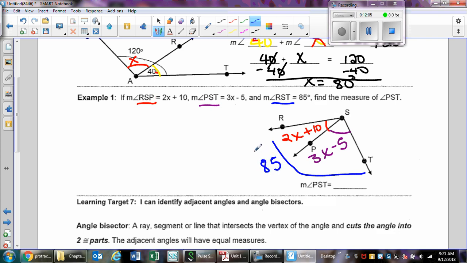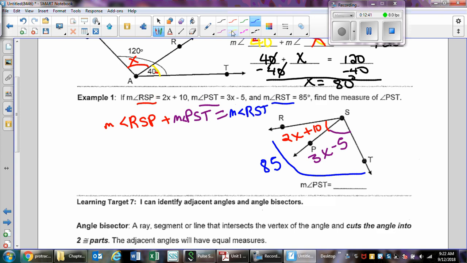Okay? So you can see by the angle addition postulate, I can take the measure of the red one, which is angle RSP, plus the measure of the purple one, which is PST, and this is the angle symbol, equals the blue one, the measure of angle RST.